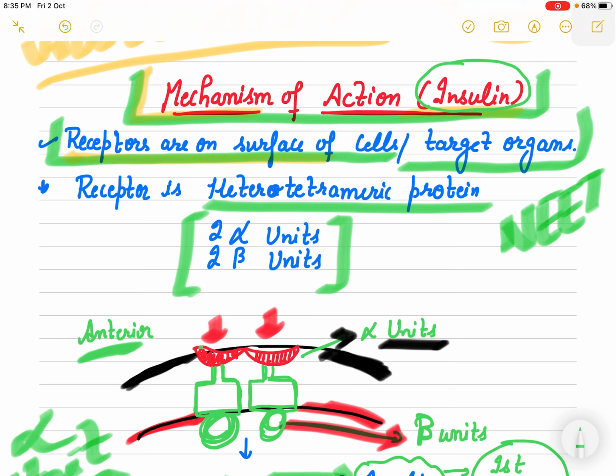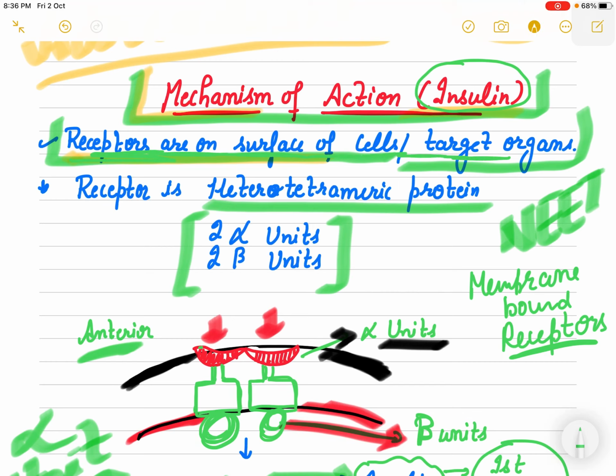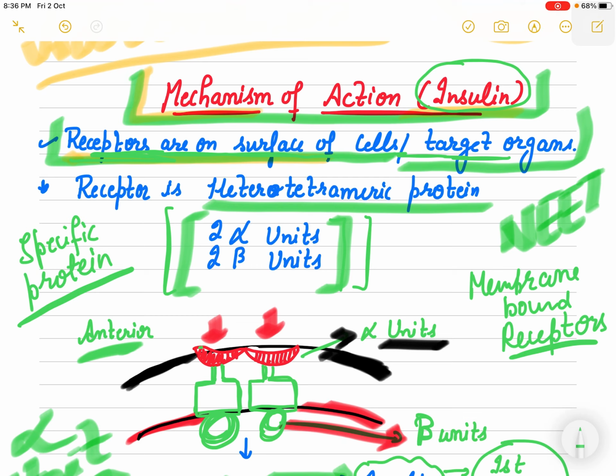It is another example for membrane bound receptors, which you can mention in your exams if you are clear with the things. Because these are membrane bound receptors, where will the receptors be present? On the surface of the cells of the target organ. The receptors are specific proteins only. The insulin receptors have 2 units, 2 alpha and 2 beta, 4 units. So they are heterotetrameric.